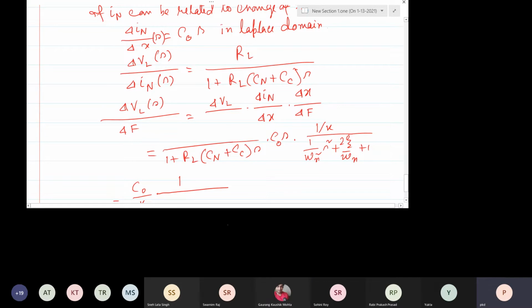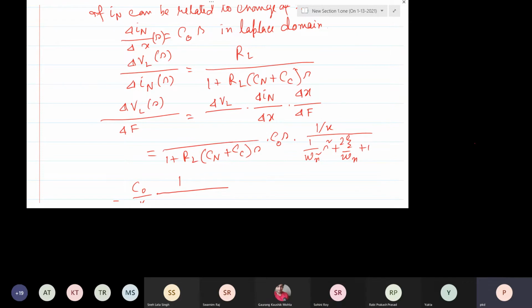Now this delta F is the input. If we give a force to the piezoelectric crystal, then initially it will produce strain. That strain is related through the elastic tensor, which I erroneously referred to as small s in the last class. I think I have corrected it. You must have seen that I corrected and sent the file.